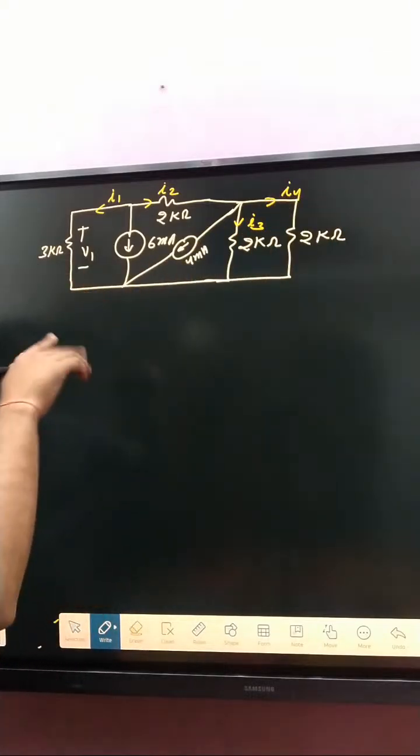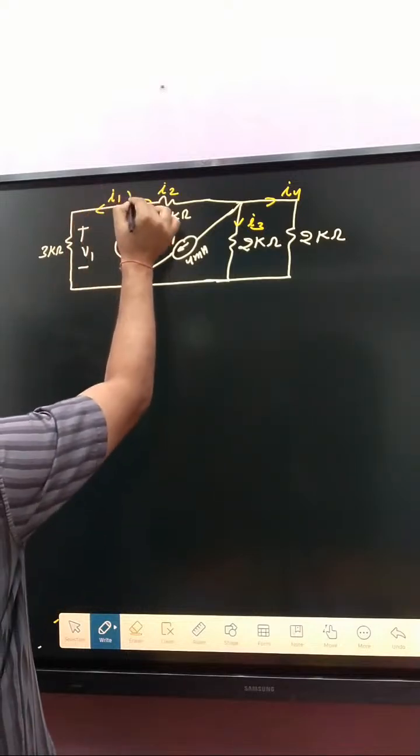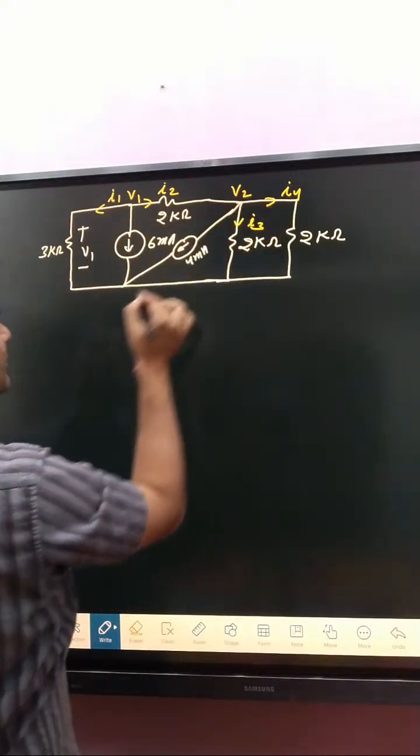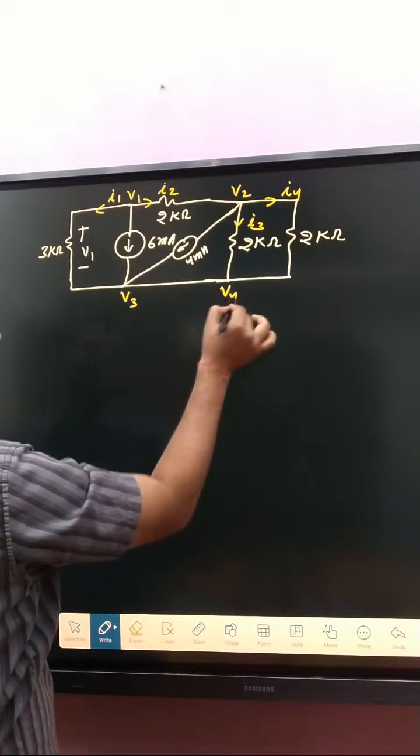After that, second step, decide node voltages: V1 here, V2 here, V3 here, and V4 here.